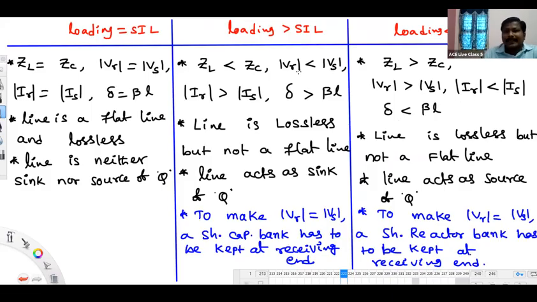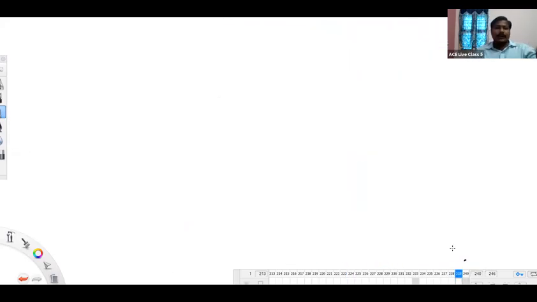What loading is practical for overhead lines and what loading is practical for underground cables? So the next heading is loading on the overhead transmission lines.